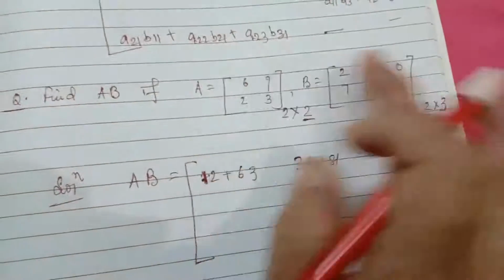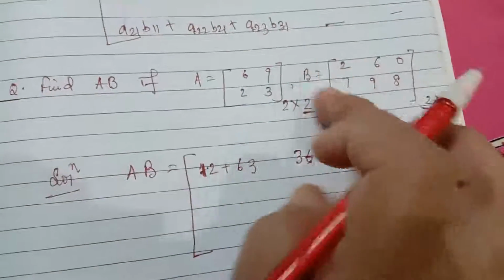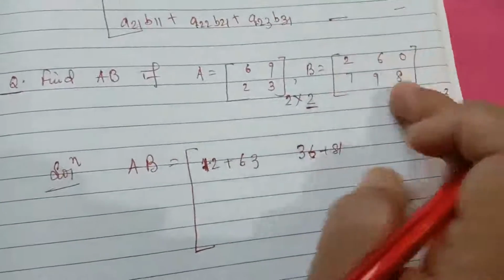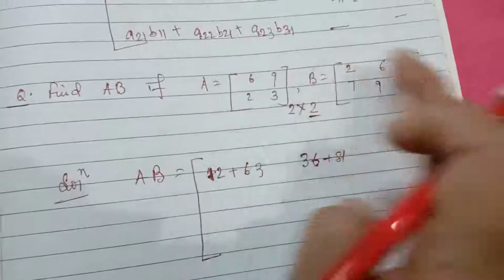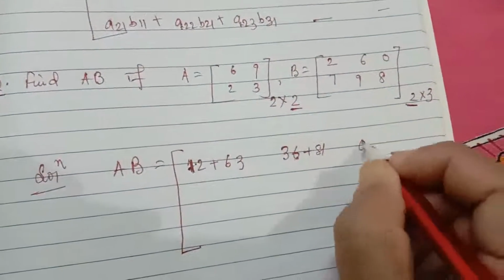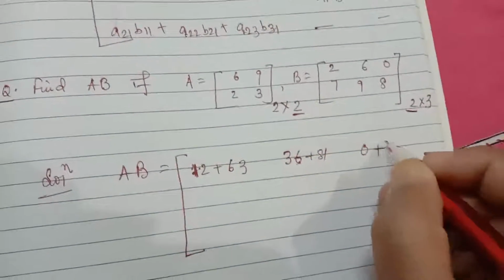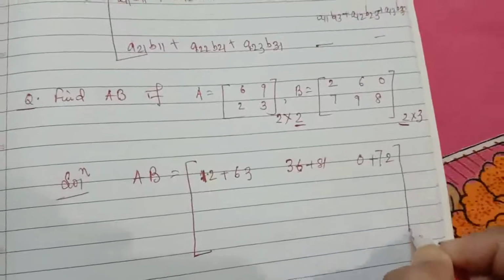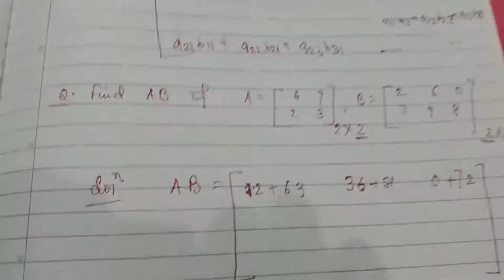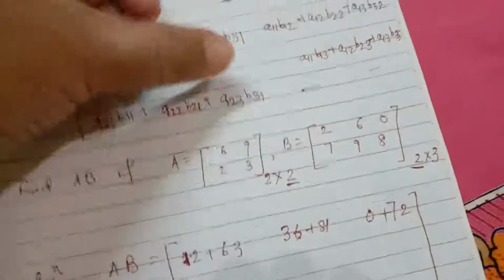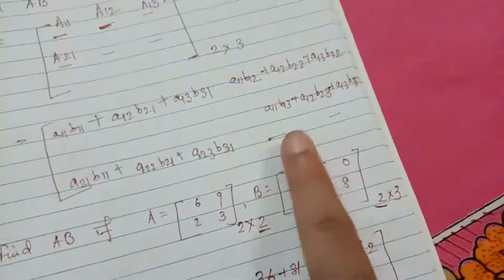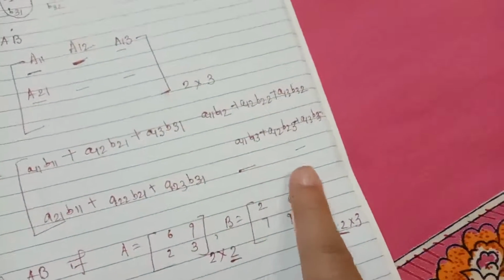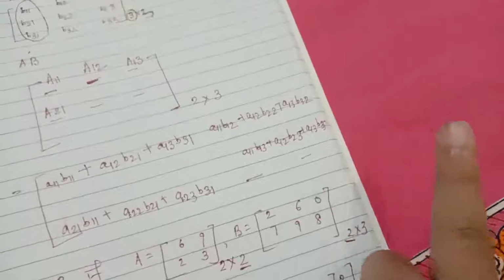Next, first row with the third column: 6 into 0, plus 9 into 8, 72. Now you see, with the first row I have multiplied the first column, then the second column, then the third column, so all the columns are exhausted.